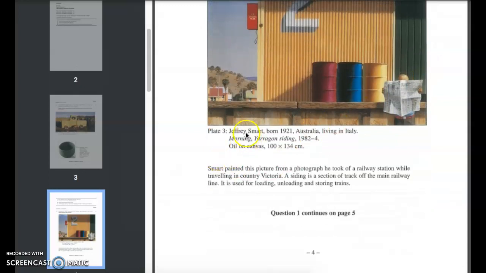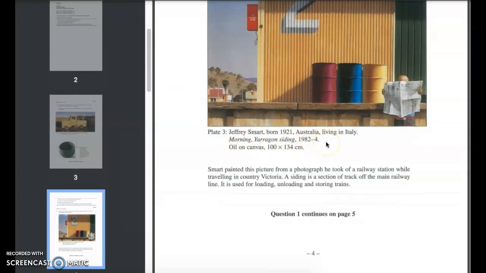Jeffrey Smart, they've given you the birthday, 1921. So we know that he is, if he's still alive today, I'm not sure, he'd be like 90 years old. He was born in Australia, living in Italy. This one's called Morning Yarragon Sliding. It was made between 1982 to 1984.